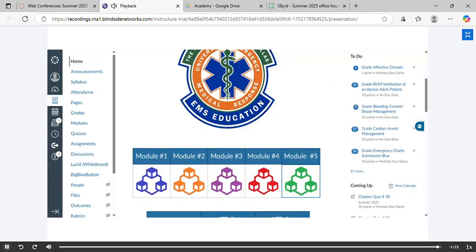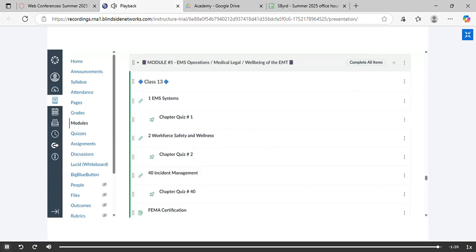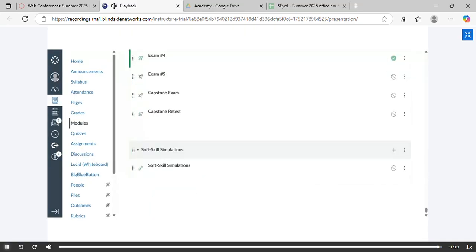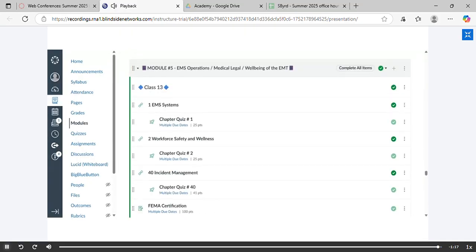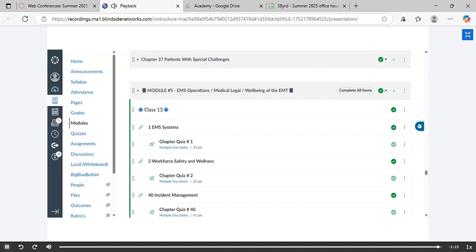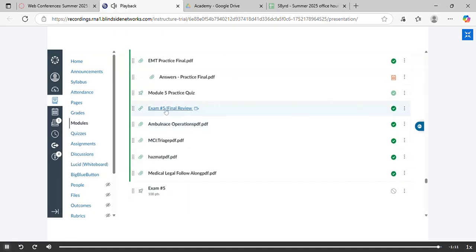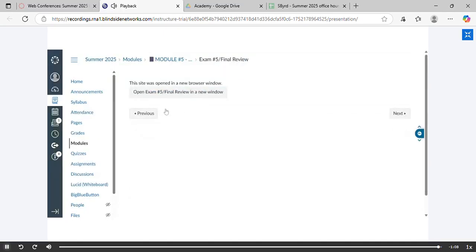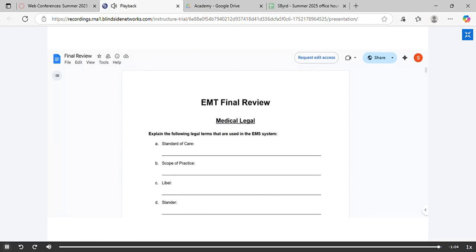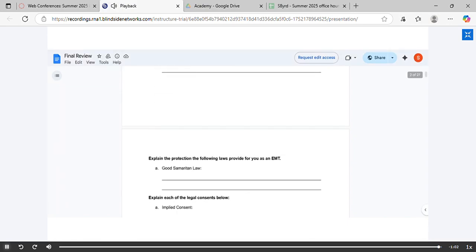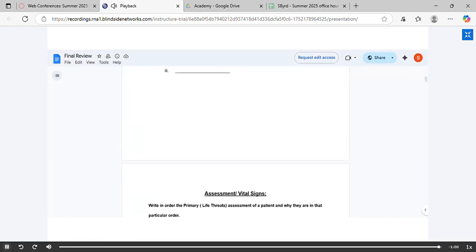So let me go right back to where we were. Go to your module 5. There it is. I will pull this up and go over this in a minute. We've got medical legal, and this is 30 pages long.